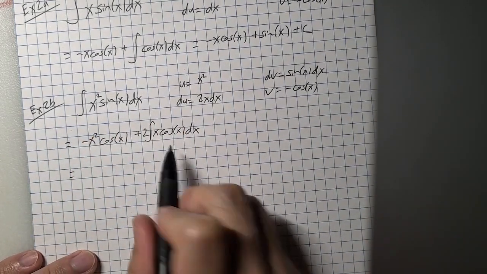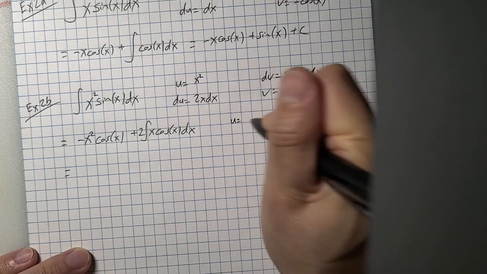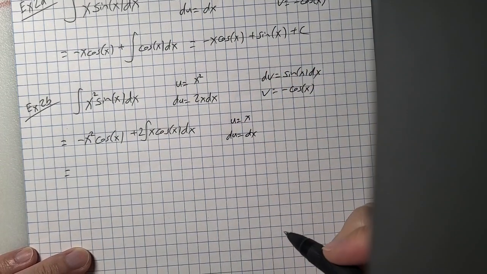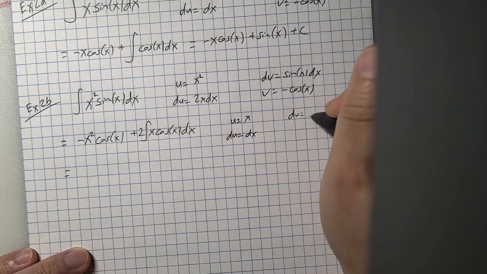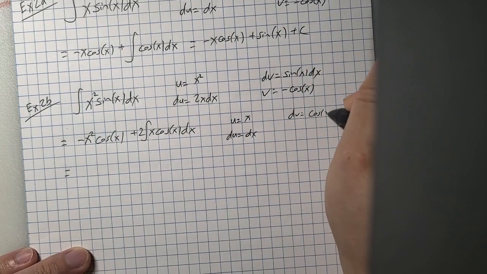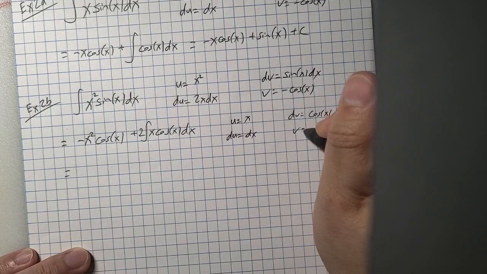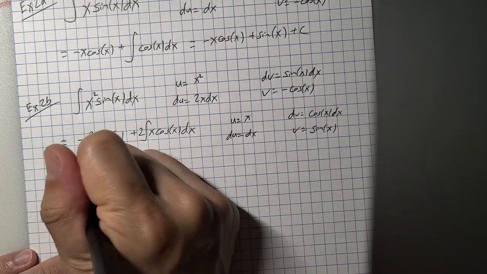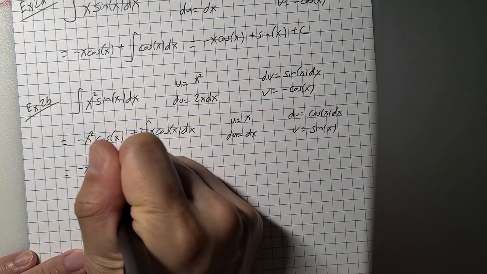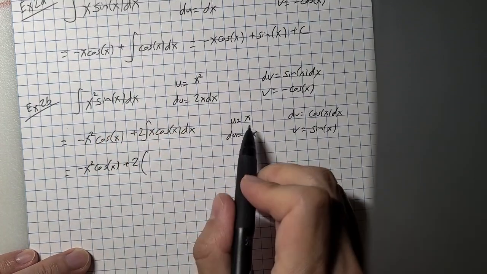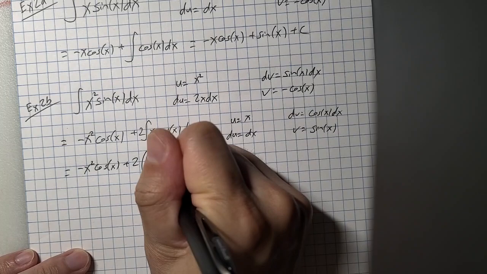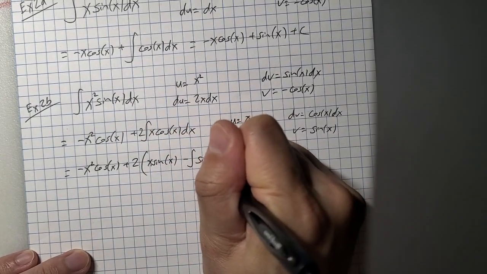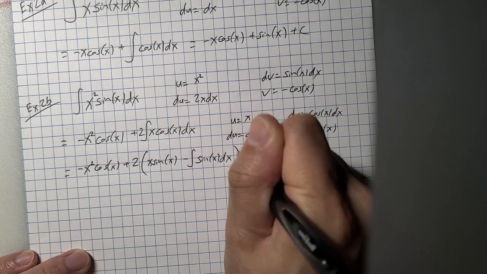So this one, again, we do integration by parts. U would be x, du would be dx, dv would be what's remaining, cosine x dx, v would be sine of x, okay? So we get minus x squared cosine x plus 2 times uv minus v du, again will be x sine of x minus integral of sine of x dx.